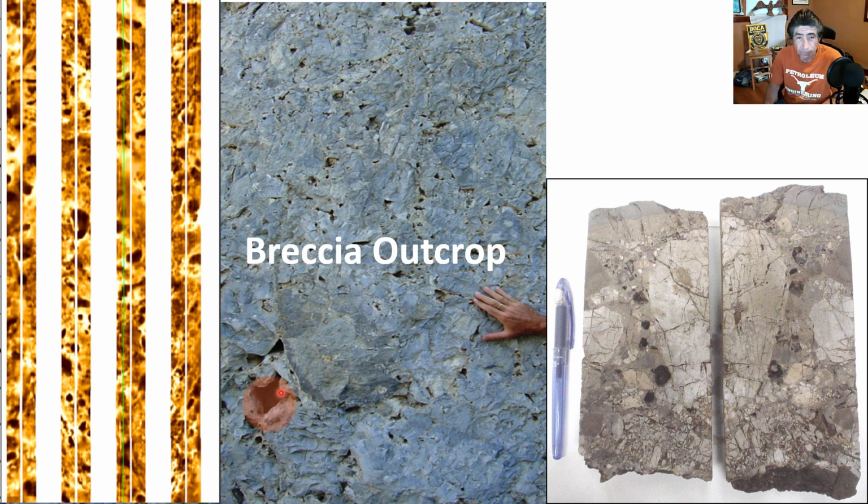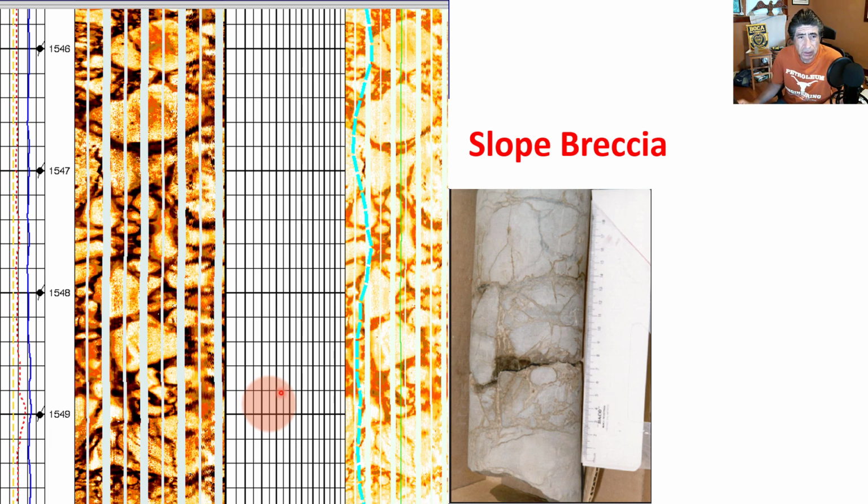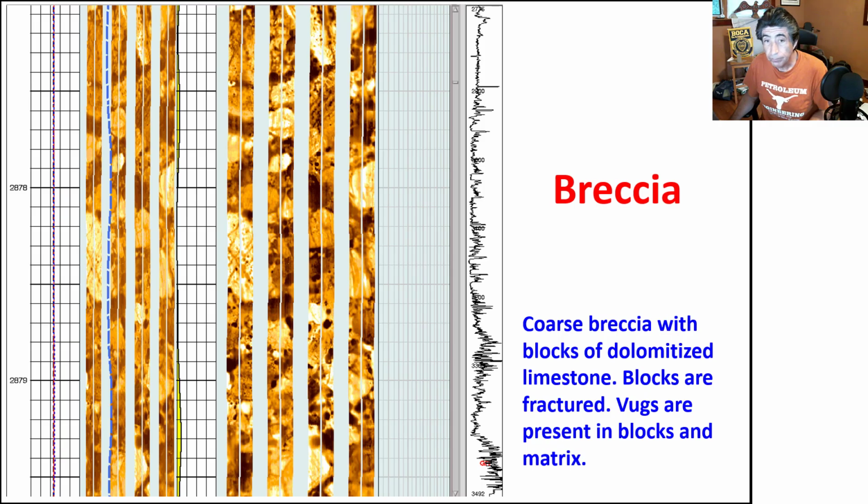And here's another breccia, again the dynamic image and the linear image, and here is the corresponding core sample. We can see presence of hydrocarbons within the fractures or even within some of these openings. But this is a highly brecciated carbonate.